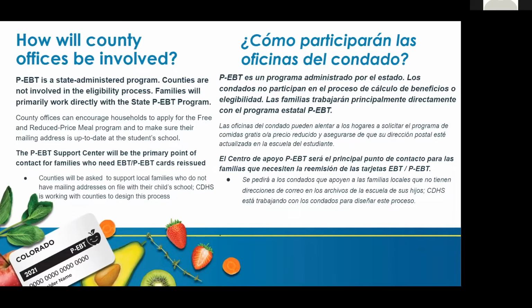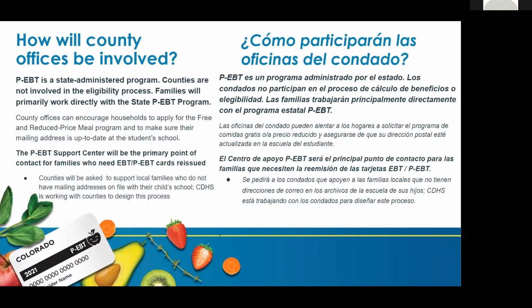CDHS is also exploring possibilities with county offices around the state to be able to issue EBT or P-EBT cards to a family that has a barrier to reliably receiving postal mail. And CDHS will continue to work with counties on this idea and will provide more information to all county offices at a later time.